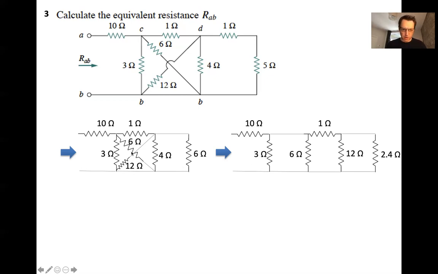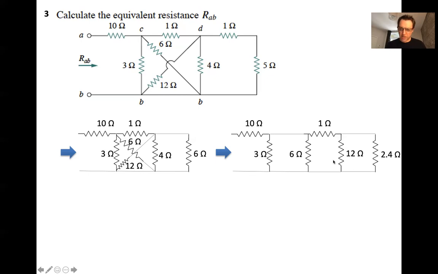Similarly, the 12 ohm resistor has its top node in between the 1 and the 4, right? In between the 1 and this used to be the 4. It was reduced to a 2.4. And its bottom is the bottom node. It was going to be known as the ground soon enough, right?